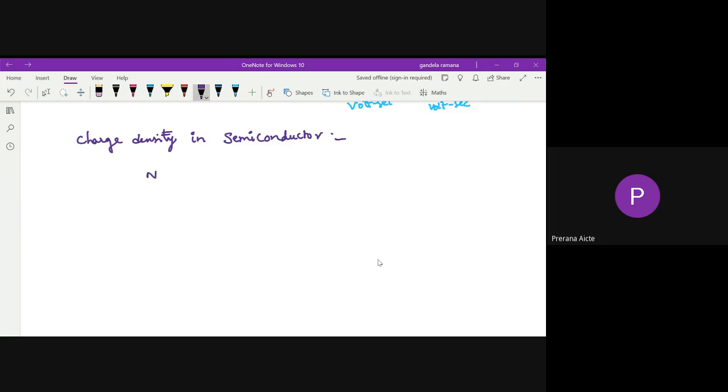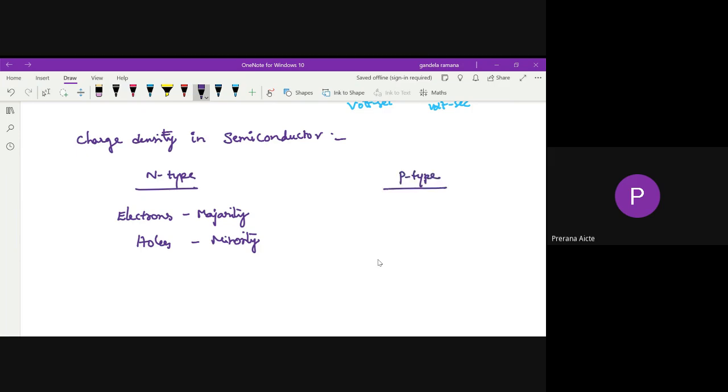For example, when it is N type, what are the majority carriers? Electrons are the majority carriers. Holes are minority carriers. Suppose it is P type.